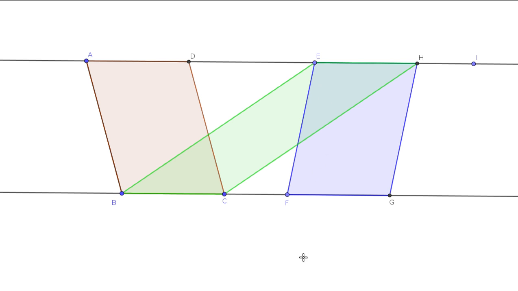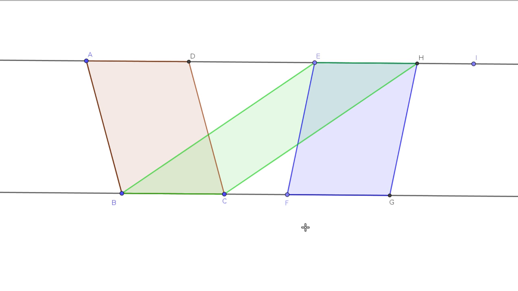And so in that case, the area of our parallelogram ABCD would be equal to the area of EHGF. And that's what we wanted to prove.